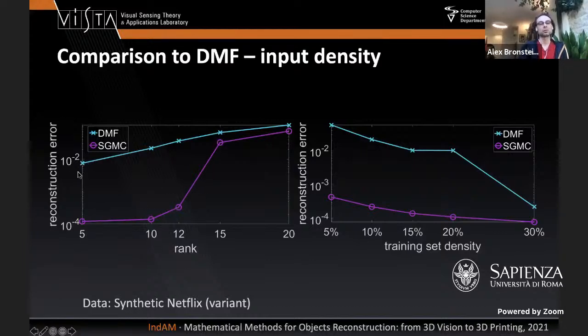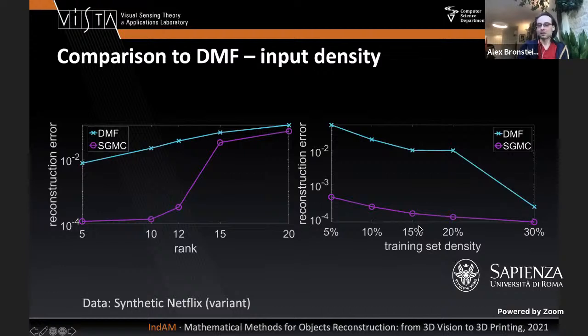And here we have a 2 order of magnitude difference. When the rank is high, the methods perform about the same. But when the rank is low, when the matrix is regular to start with, this geometric approach gives much better results. The same holds for matrices with a fixed rank and different training set density, meaning the size of the support of the training samples that was given.